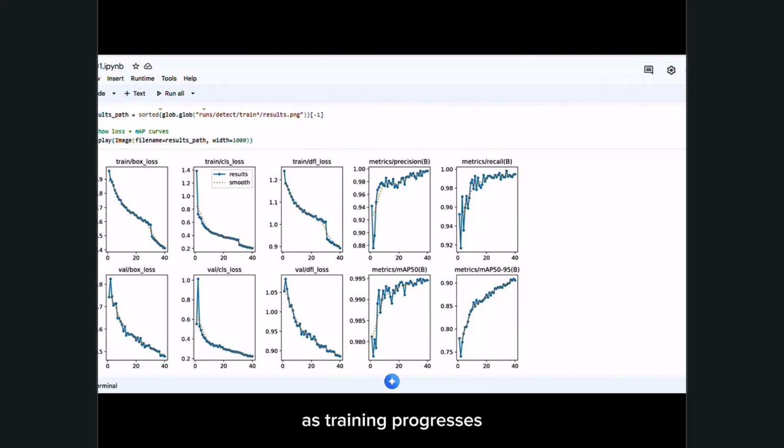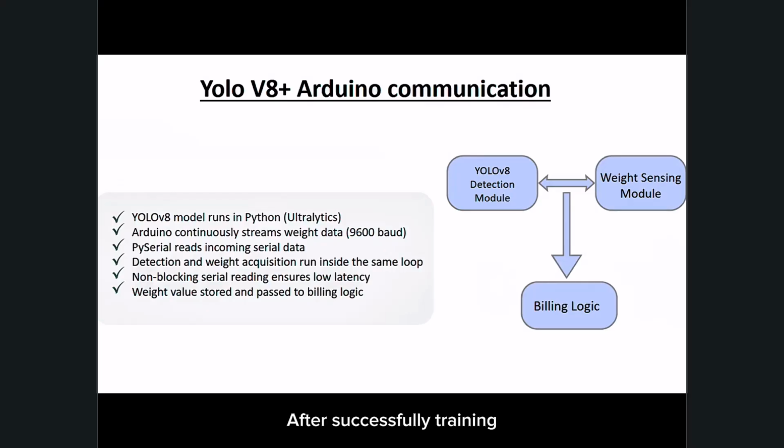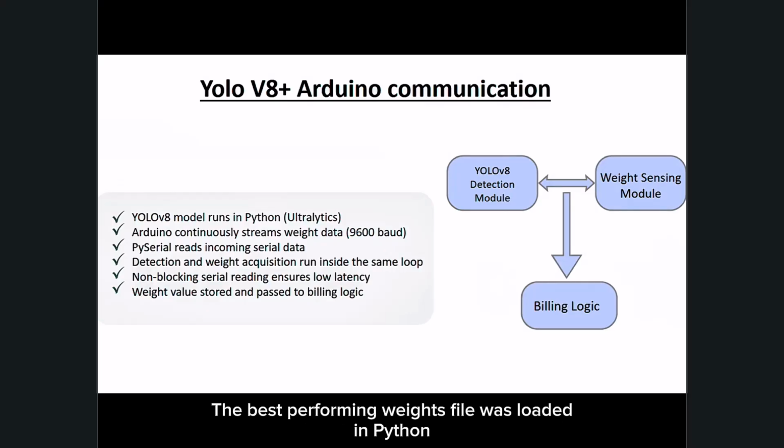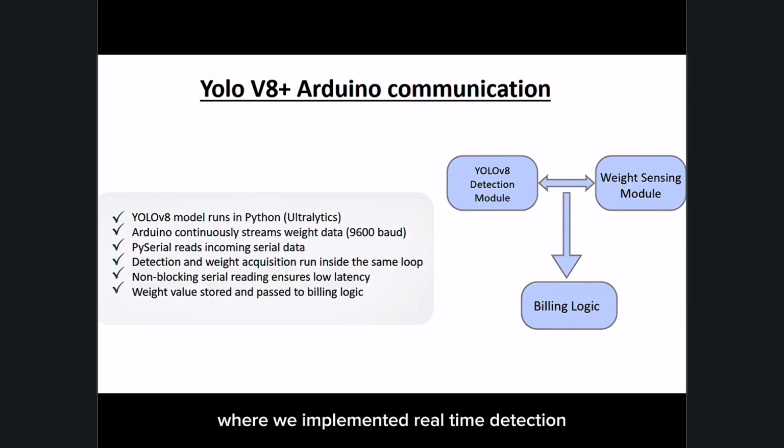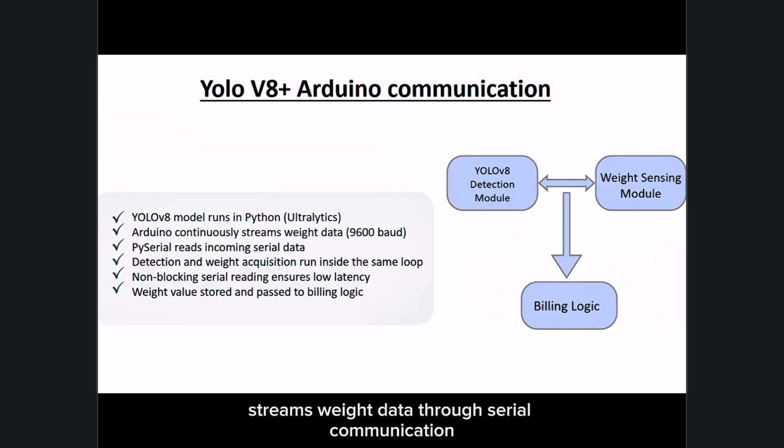After successfully training and validating the model on Google Colab, the best performing weights file was loaded in PyCharm, where we implemented real-time detection and serial communication with Arduino. The YOLOv8 model runs in PyCharm using the Ultralytics framework. At the same time, the Arduino continuously streams weight data through serial communication. Using the PySerial library, the Python program reads the incoming weight data in a non-blocking manner.